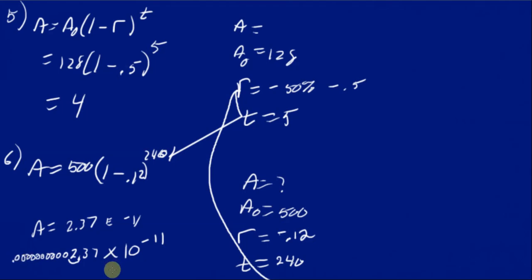That's a very small number. The amount of the 500 milliliters that's left is 0.00010 milliliters of the original air left in your lungs.